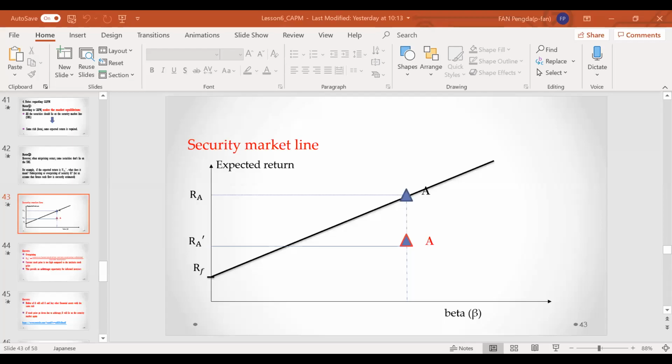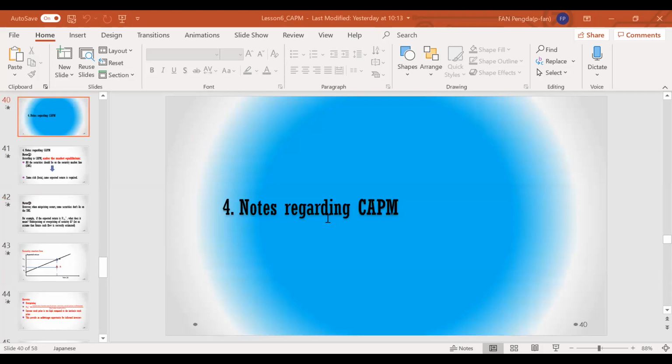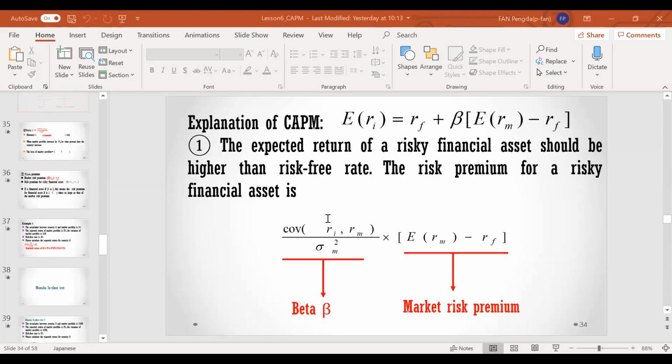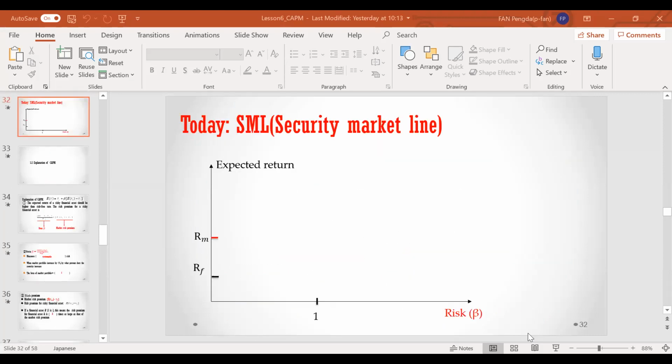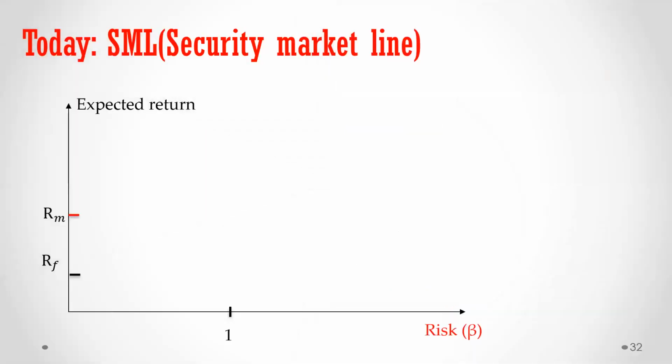So today I'm going to finish the whole number 6 material, CAPM, the Capital Asset Pricing Model. As we discussed, this model can be summarized in this single figure, the security market line.